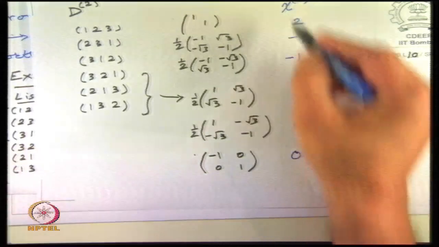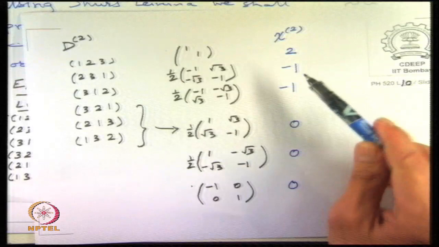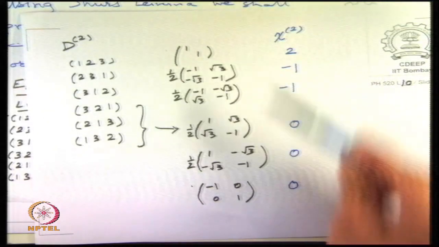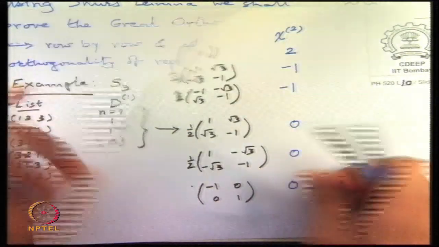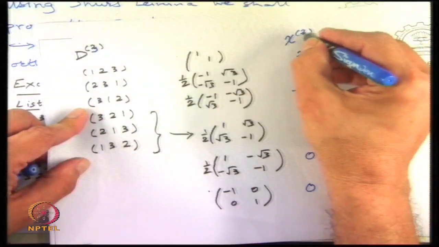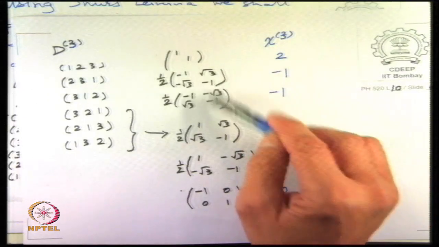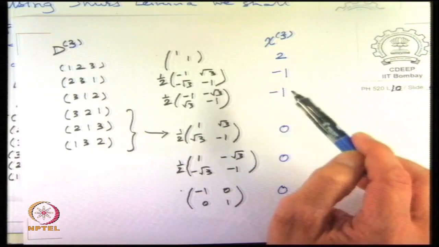So the character of these group elements in the representation which we have called D2, actually we called it D3, isn't it? I'm sorry, this is D3 because 2 is that one with flipped signs, D3. So D3, the character of identity is 2, the character of these two which are proper rotations is -1 and -1.